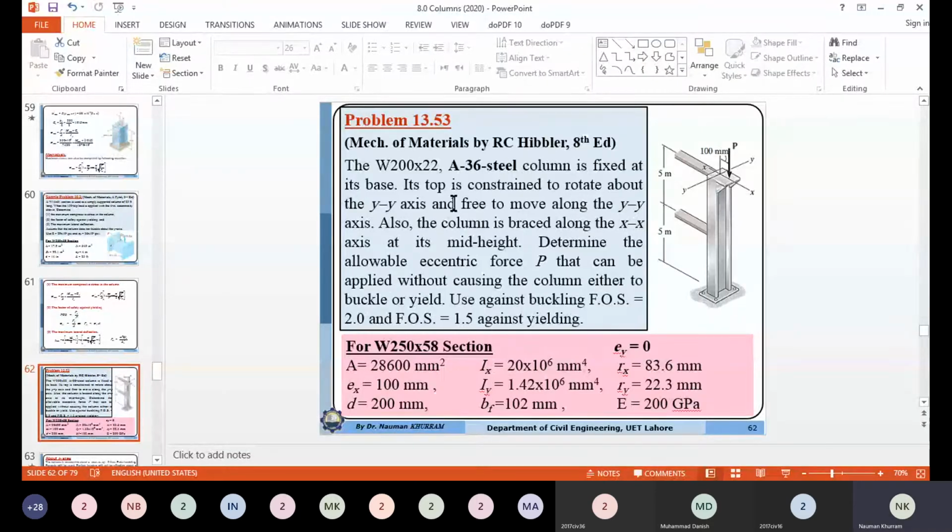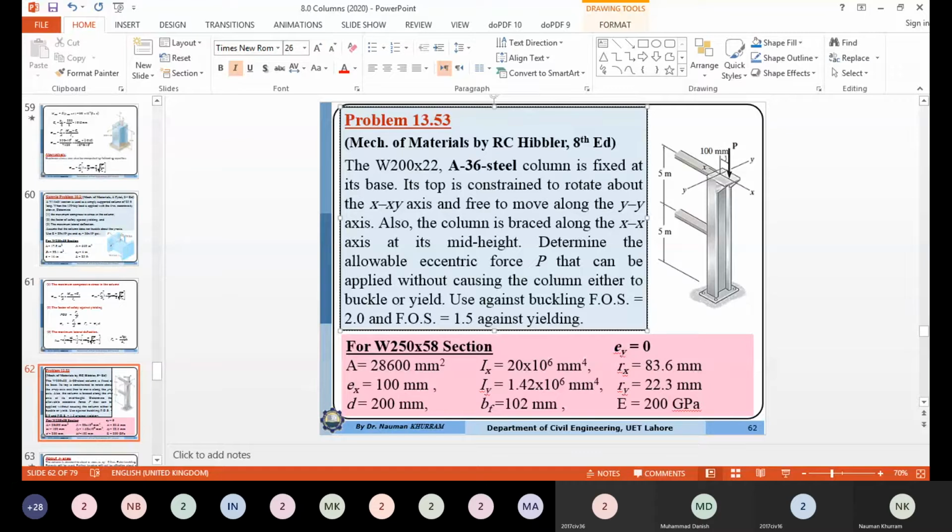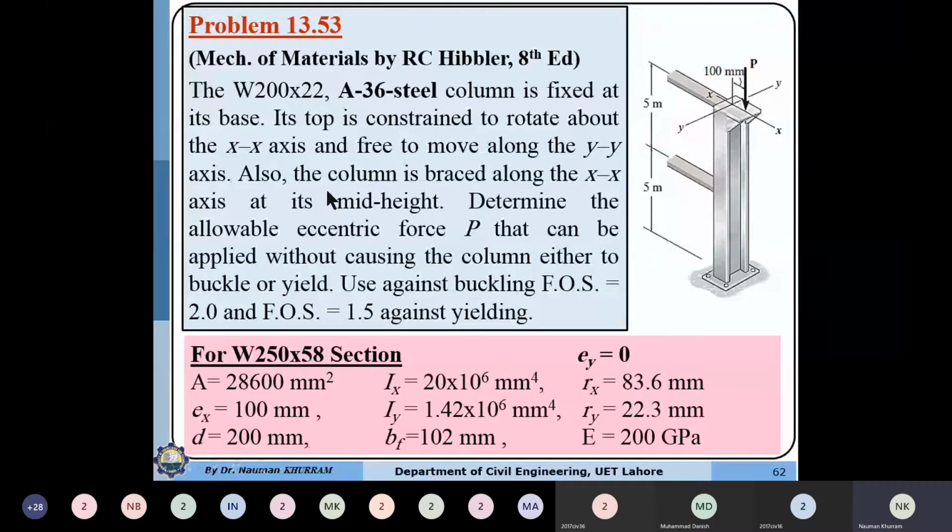So I will rather state its top is constrained to rotate about the x-axis and free to move along the y-axis. And also the column is braced along the x-axis at its mid height, braced at its midpoint. So understanding of data is very important.